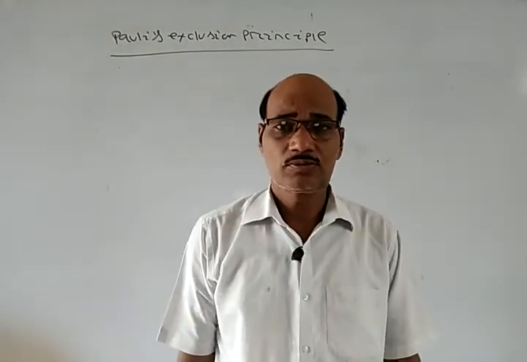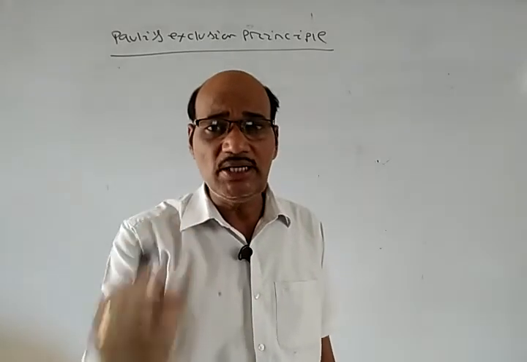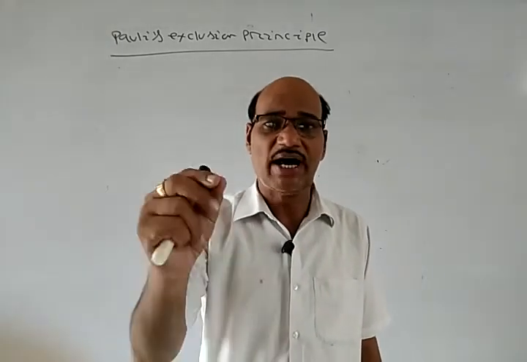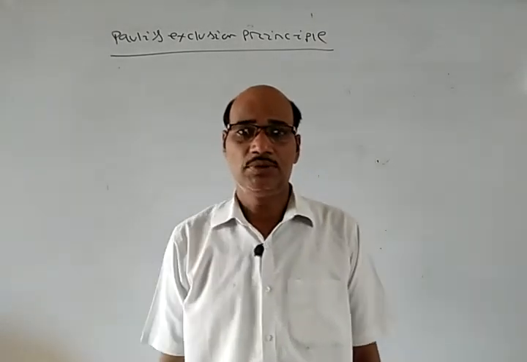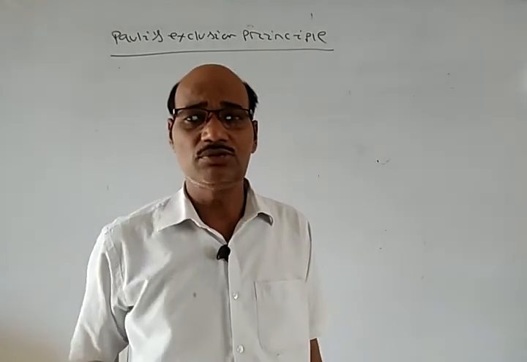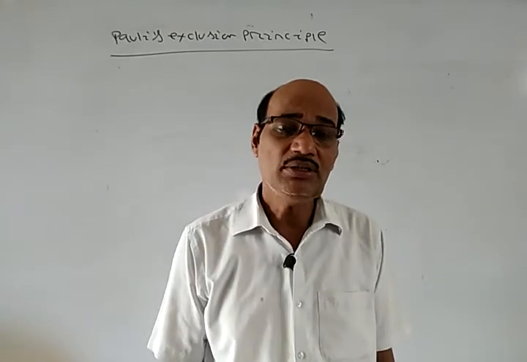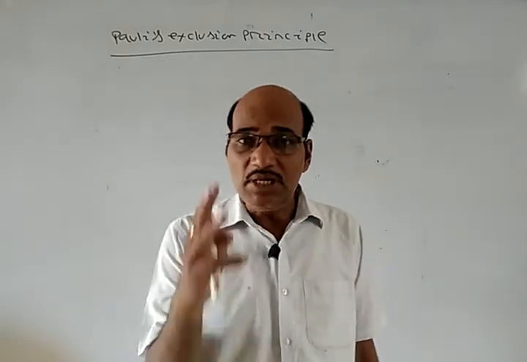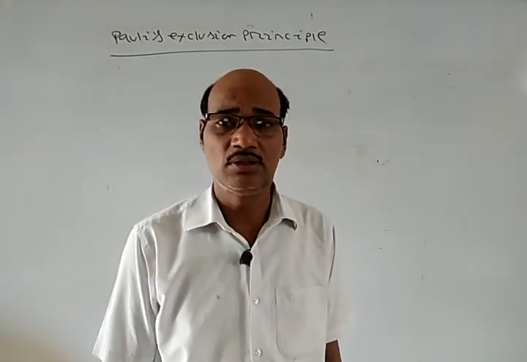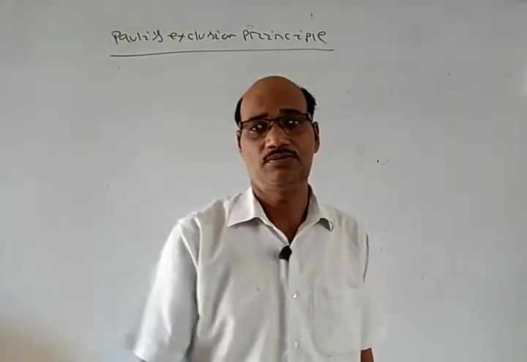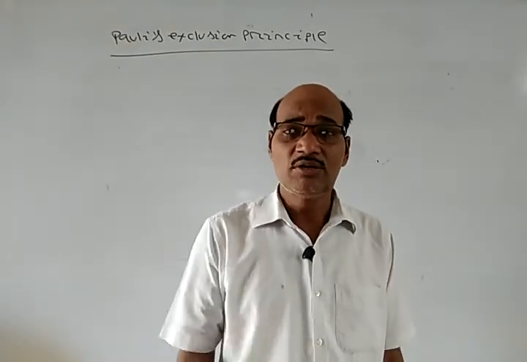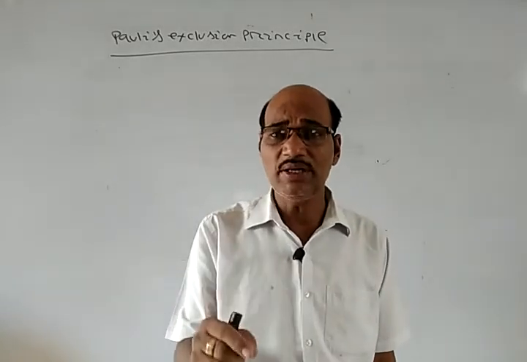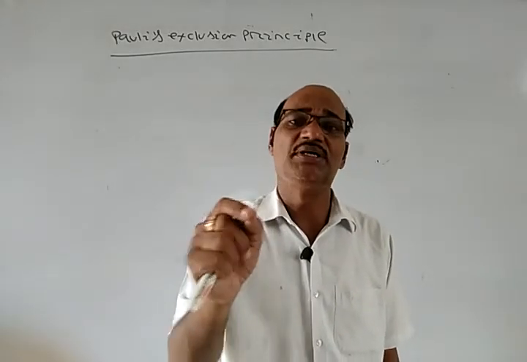Pauli's principle: no two electrons in an atom have all the 4 quantum numbers identical. If you consider any 2 electrons in an atom, they will have different sets of quantum numbers. 3 quantum numbers may be equal, any 3, but any one must be different. Okay, because already we discussed that the quantum numbers are the pin code of the electrons. So each electron is having one set of integers.